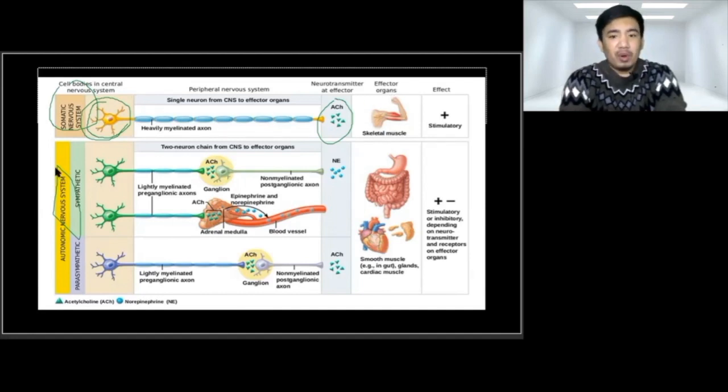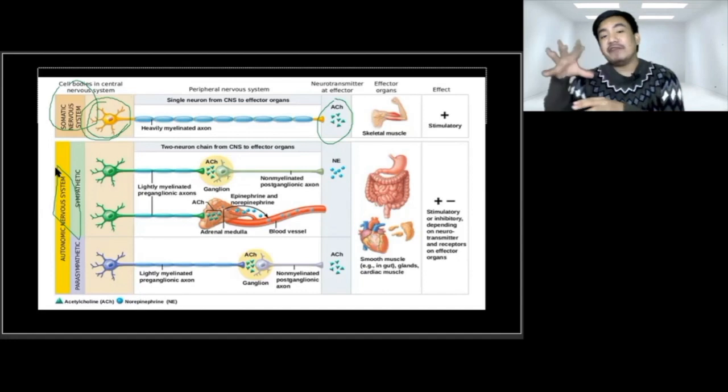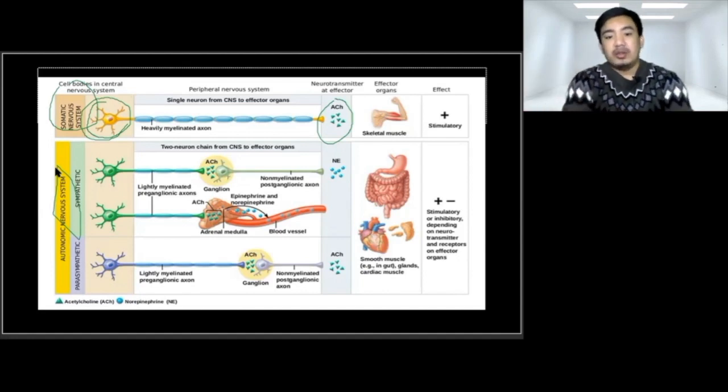Under the autonomic nervous system, it's a two neuron system because there is the preganglionic before the ganglion and the postganglionic after the ganglion. All right. So what is the difference between the preganglionic and the postganglionic?